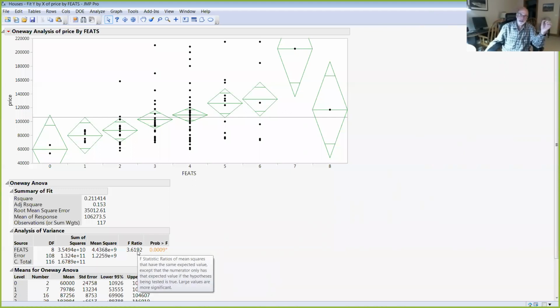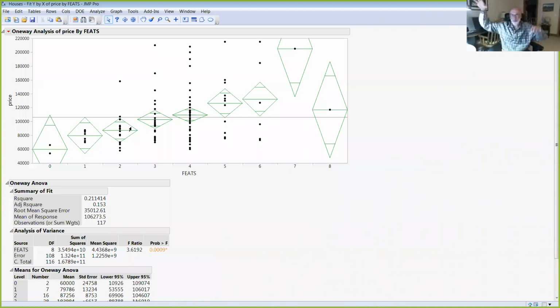And the reason why 0 would be a useful number is to think about the way it's constructed. If the difference between the group means and the grand mean is very large, so think about these diamonds as being very spaced apart, there's a lot of difference between the group means and the overall mean.